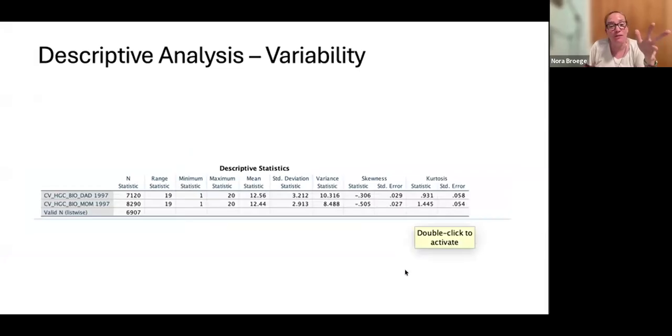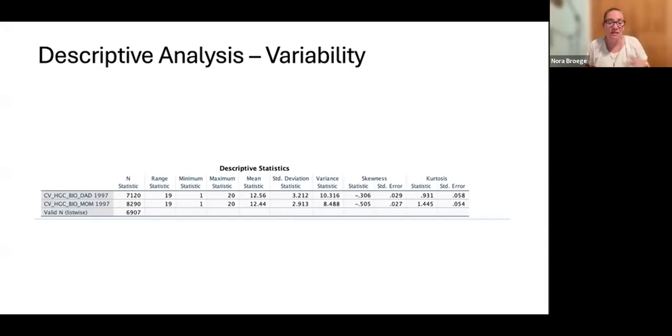So are there outliers now in this distribution? Remember, if there are outliers, the kurtosis stat is greater than or equal to what? 3. So removing that data adjusts the distribution of the data set and really doesn't compromise your sample size here: 7,120 on the dads and 8,290 on the moms.